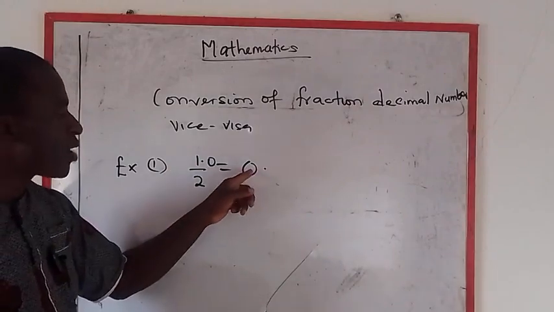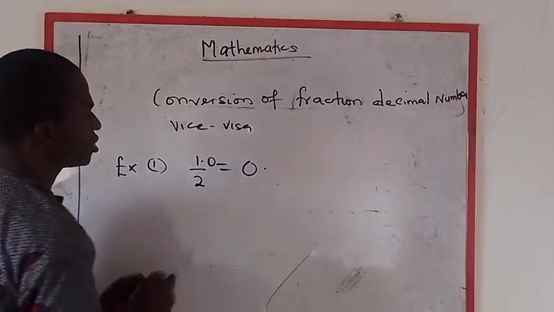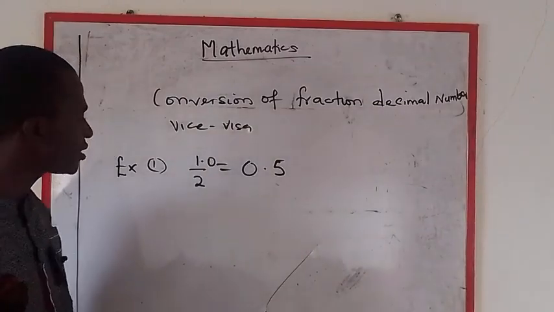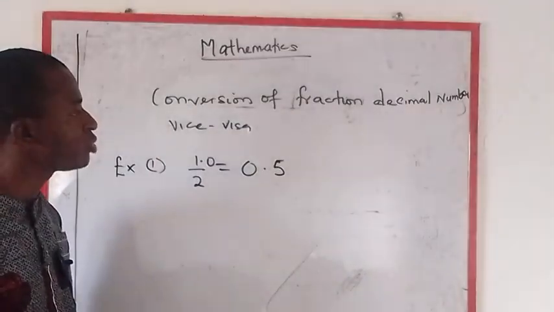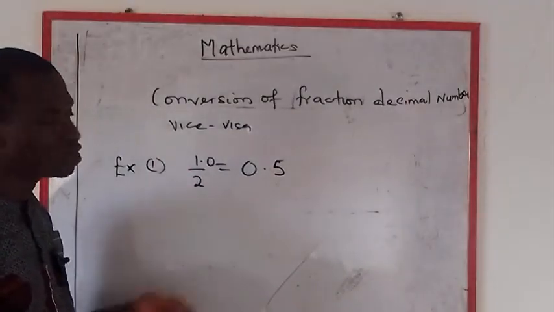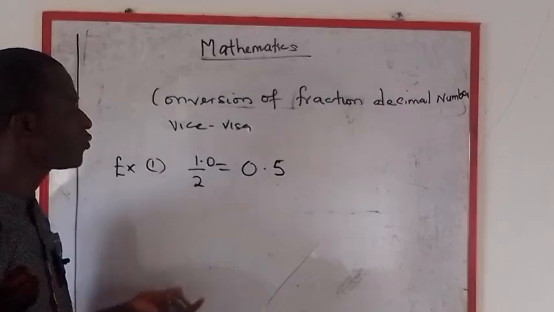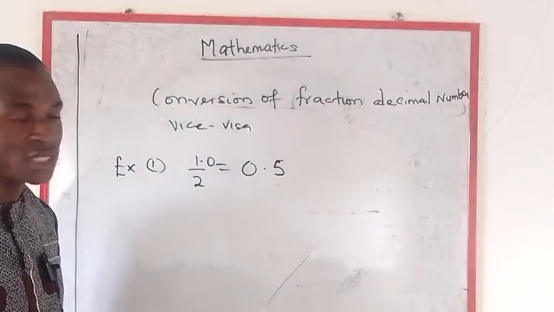In our answer, we now have 0 point. 2 now into 10 will give us 5. So we have succeeded in converting 1/2 to decimal number. If you check your calculator, you will discover that 1/2 is also the same thing as 0.5 in decimal.